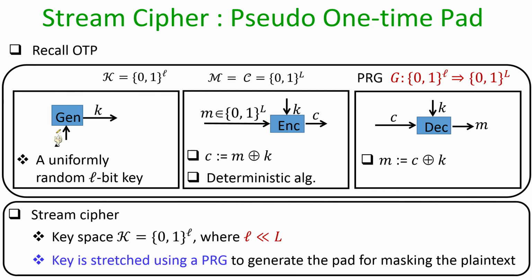So, in the stream cipher we assume that we also have a secure PRG stretching little l bits to an output of big L bits. By running the pseudo random generator on the seed, the key k, we generate the mask, and that mask is XORed with the message, and that produces the ciphertext. The same operation we perform at the decryption end.